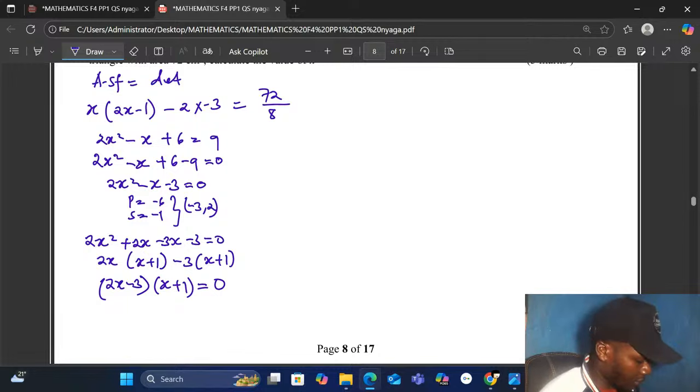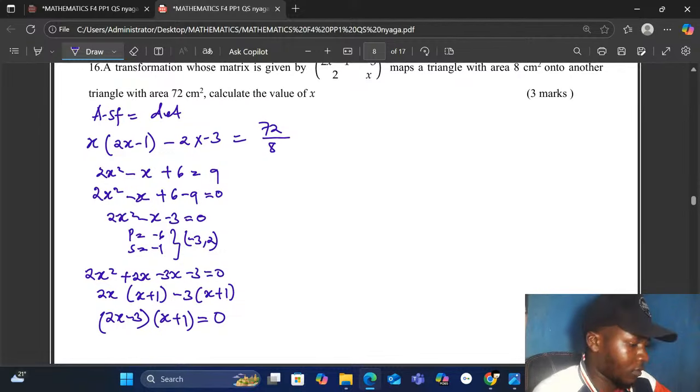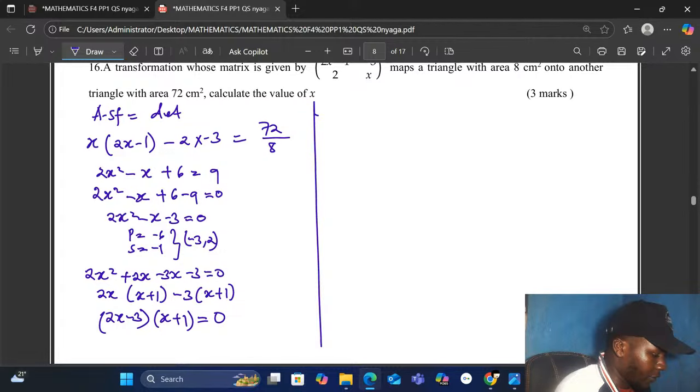So we have 2x minus 3 is equal to 0, or x plus 1 equal to 0.